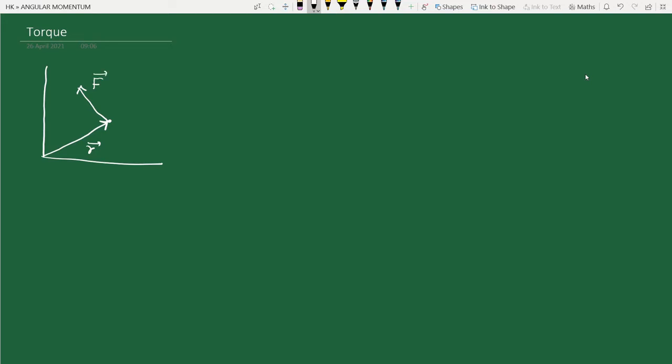Then the torque due to this force is defined as torque tau is equal to r cross f, cross product between the position vector of the particle and the force acting on the particle. And since it's a cross product between r and f, direction of torque is perpendicular to the plane containing the position vector r and the force f.